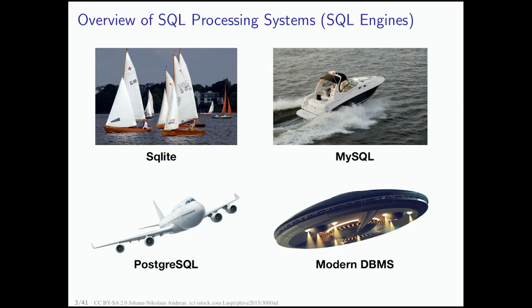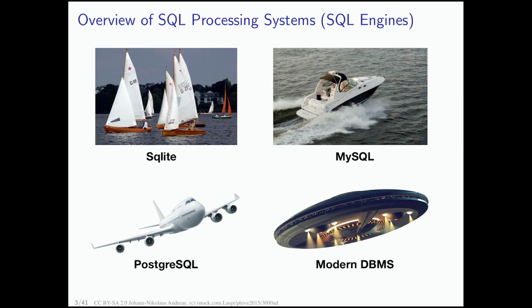And there's a stark difference in SQL engines, systems that allow you to create a schema and then query the data in that schema. There's a huge difference in the performance of those systems, and that has a lot to do with what is called the query optimizer.